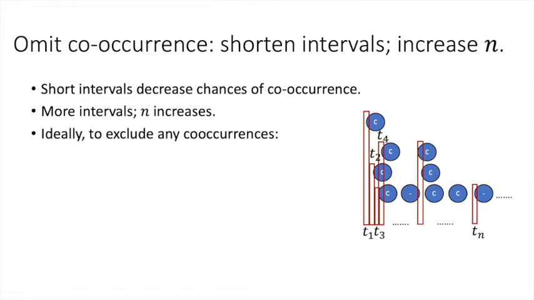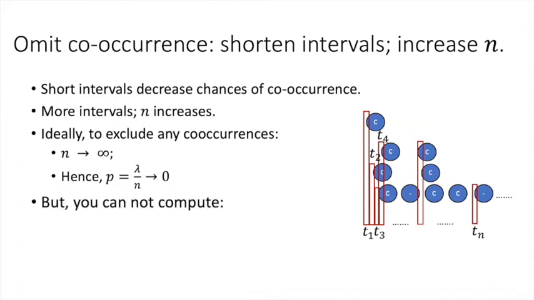So ideally, to exclude any chances of co-occurrence, we must make n so large that it approaches infinity. And when that happens, then the probability of success p, that is lambda over n, approaches 0, which makes sense because probability of success over a very small time interval must be very low.